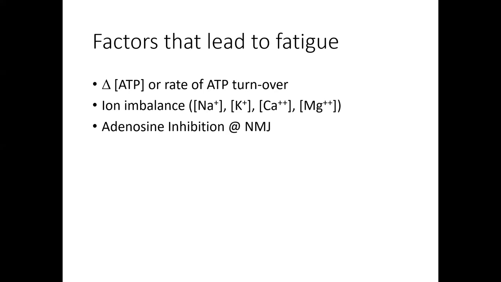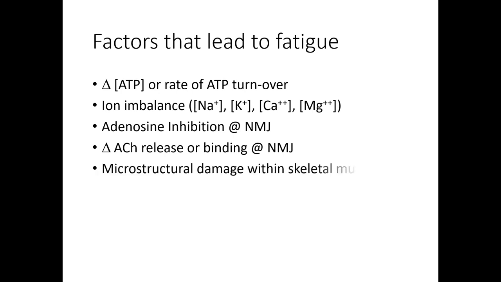Inhibition at the neuromuscular junction, either by adenosine or by a change in acetylcholine, either released by the neuron or binding at the muscle itself at its receptor. Microstructural damage to the skeletal muscle is also going to lead to fatigue. This is also going to lead to issues with pain, which we'll talk about in a couple minutes here.